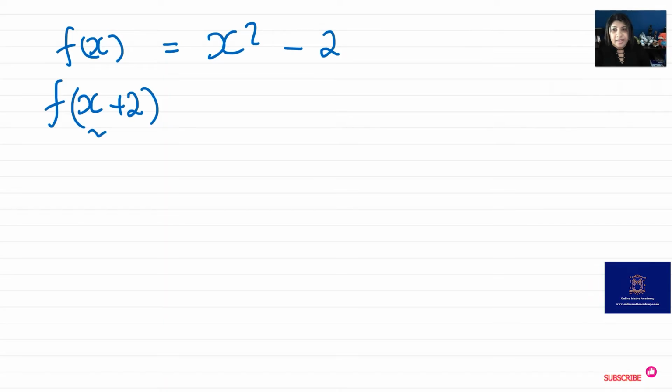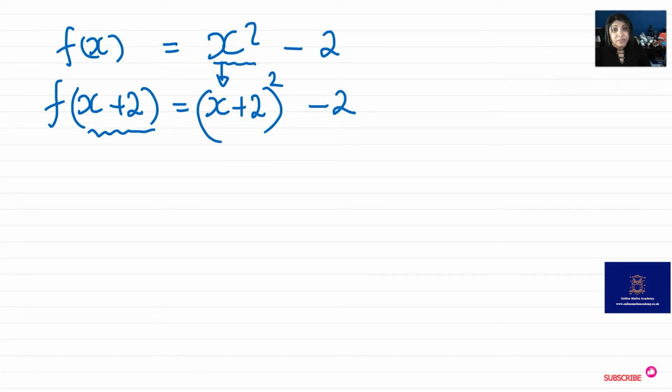It will take this value here and then square it and then take away 2. So wherever there is x is going to be replaced by x plus 2. This is going to be (x plus 2) squared, so that's that part, take away 2.